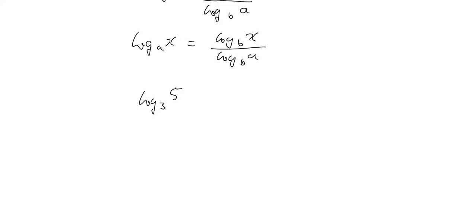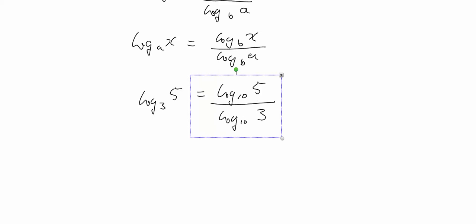if we wanted to write that in terms of log to base 10, we can just introduce the base 10 by writing log of 5 to base 10 divided by log of 3 to base 10.